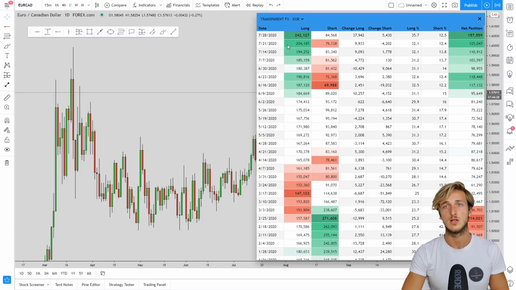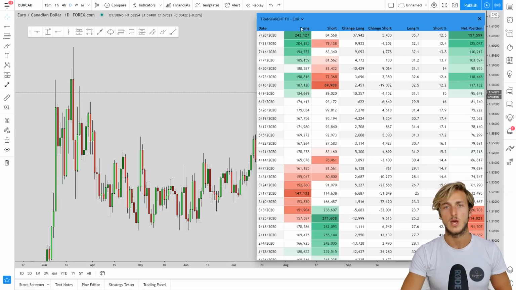So institutions clearly have been aggressively buying the Euro. In fact, net positions went from minus 114K all the way up to plus 157K. So institutions went from having more shorts than longs with 271K shorts and 157K longs all the way up to having more longs than shorts with 242K longs and 84K shorts.